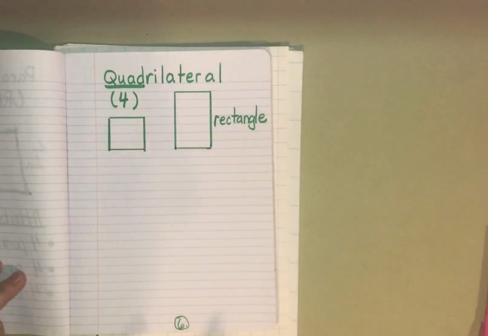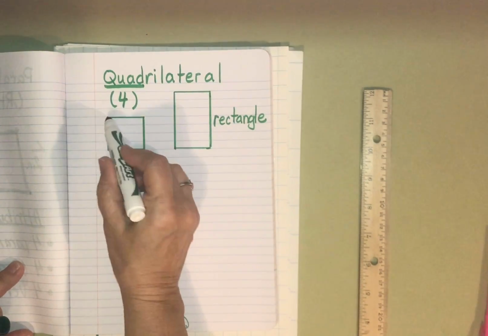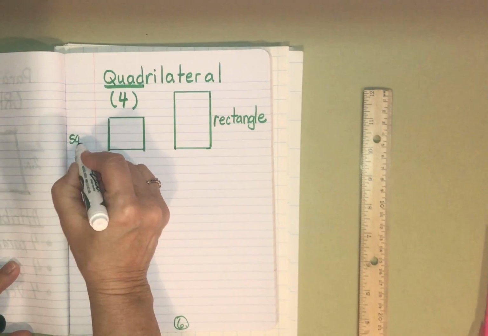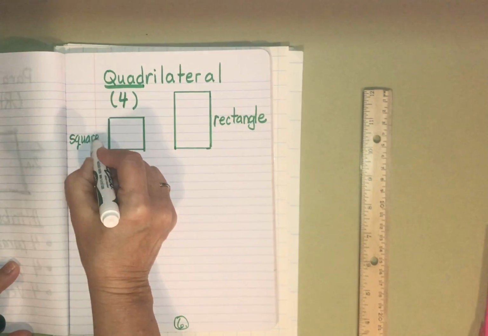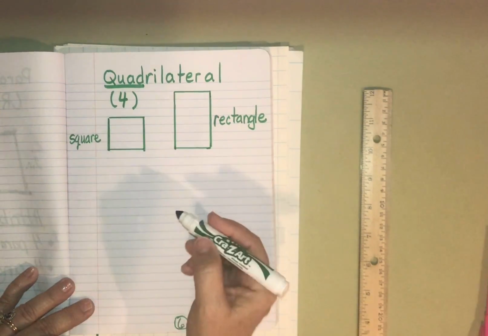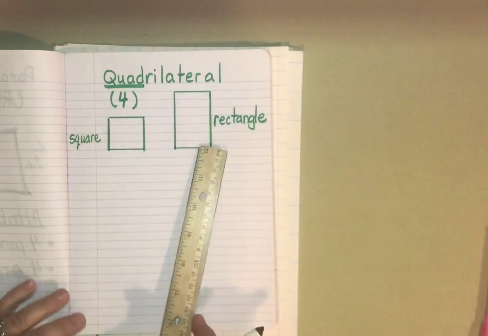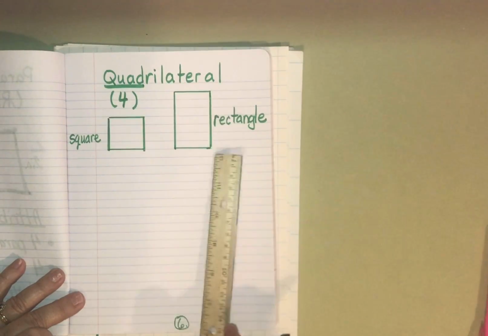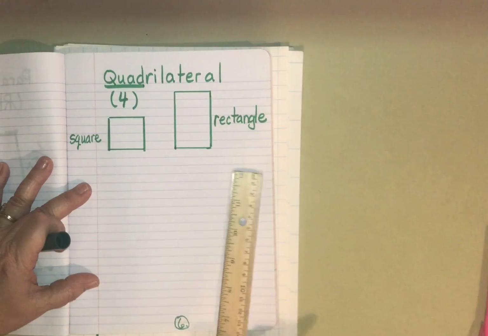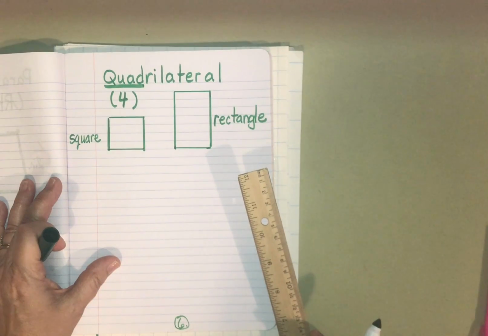Okay, so this has 4 sides, which makes it a quadrilateral, and it is called a square, also known as a special kind of rectangle. Okay, now this rectangle is long, but even if the rectangle was wide or laying down, it would still be a quadrilateral.